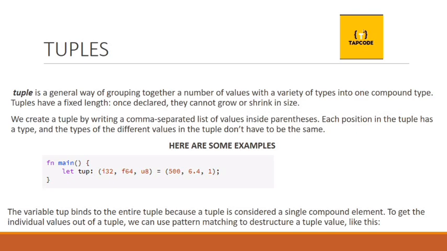Just like you're combining different values together into a single compound, in curved brackets. And to call a tuple, you can use the tup variable. The variable tup binds to the entire tuple, because a tuple is considered a single compound element. That's from the example I gave below. To get the individual values out of a tuple, we can use pattern matching to destructure a tuple value, like in the next slide.